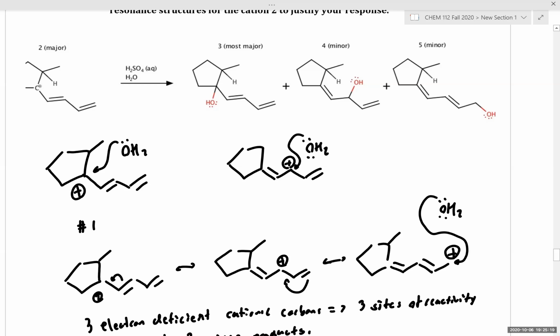So the main deciding factor in our product distribution comes down not just to alkene substitution, but also the level of conjugation for the alkenes and the relative stability due to conjugation for each of our alkene products. So a substitution-based argument would not be comprehensive enough to explain why 4 is minor compared to 5. Does that make sense?